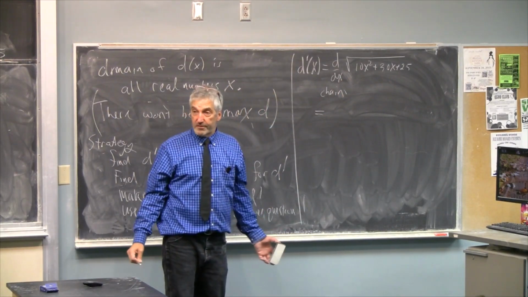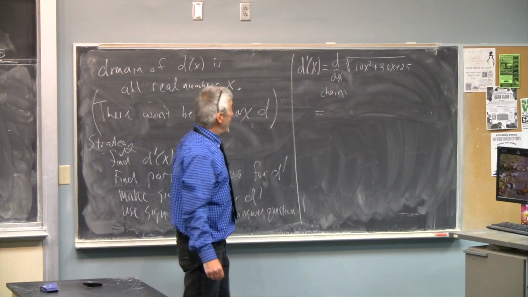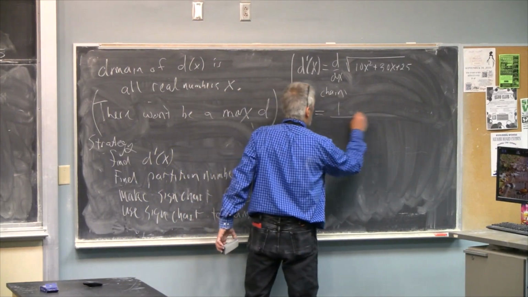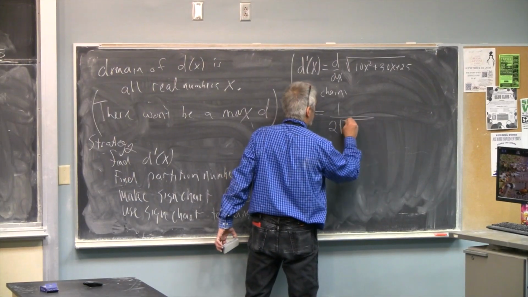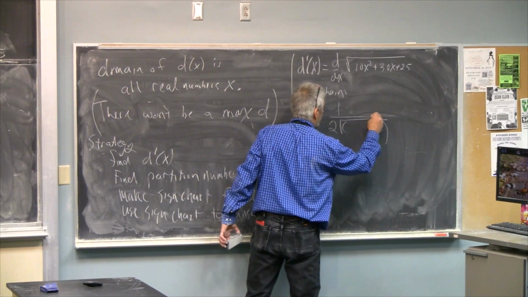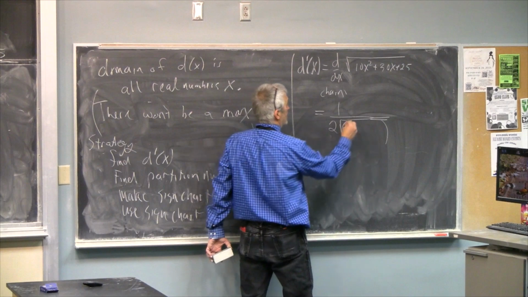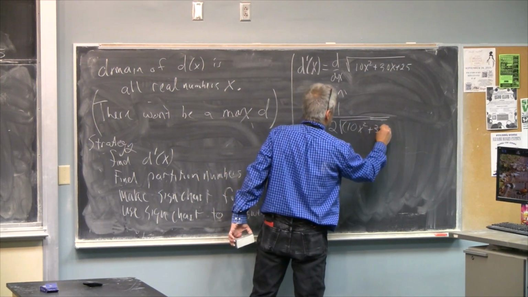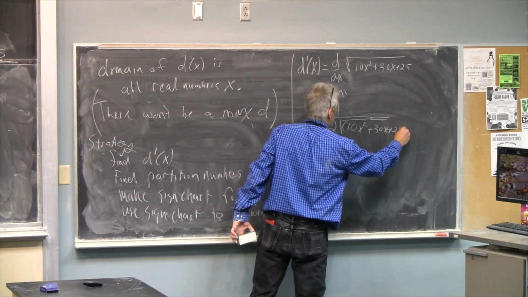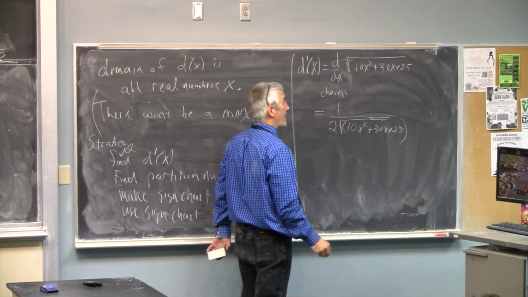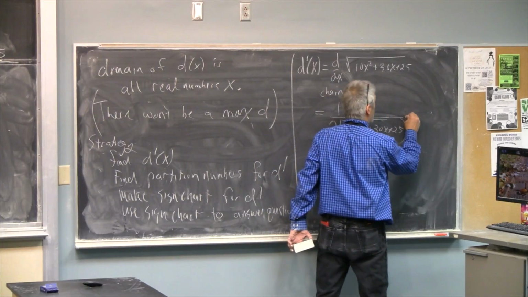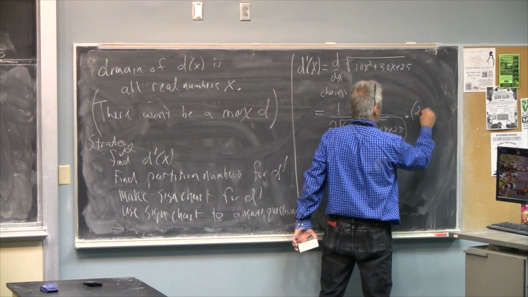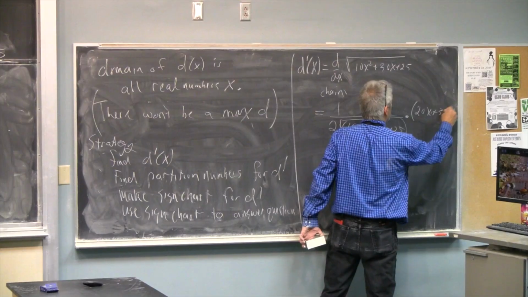The outer function is square root of parentheses, so the outer prime is 1 over 2 square root of parentheses. And then I put my original inner function back inside, 10x squared plus 30x plus 25. But then I've got to multiply by my inner prime. So times 20x plus 30.